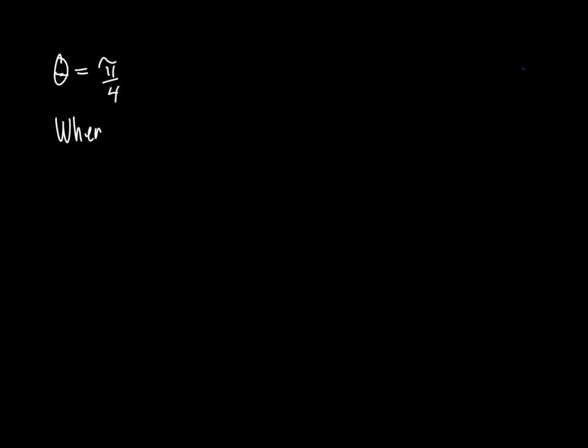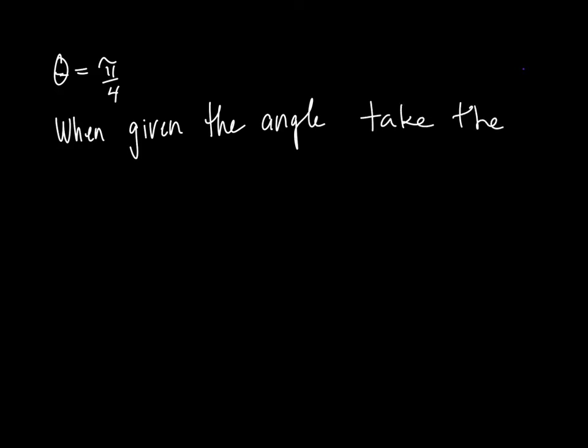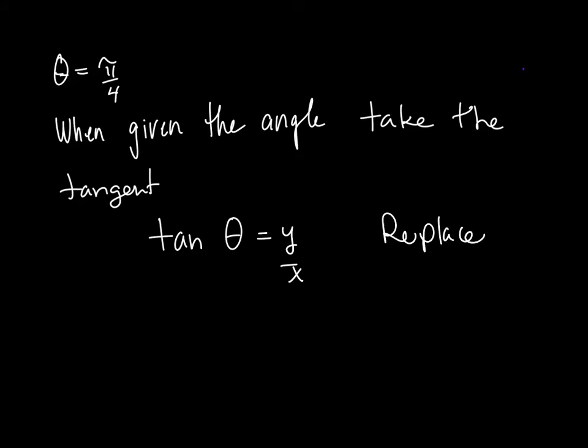All right, so theta is equal to pi over 4. Now this is a unique one. When you are given the angle, what we have to do is use the tangent, because we know that the tangent of theta is equal to y over x. So we want to replace theta.